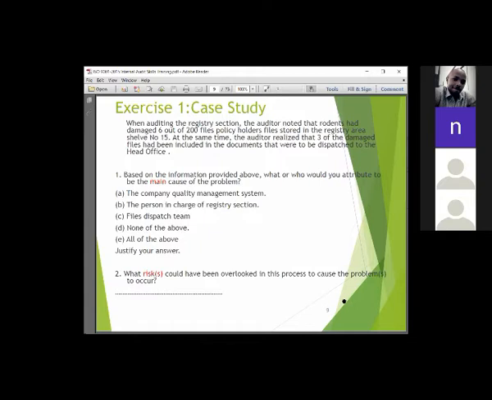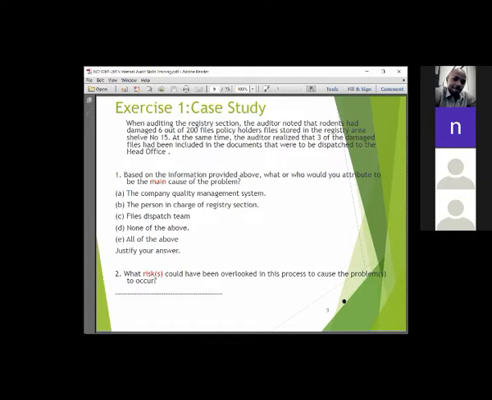Let's hear from any other participants. Bwana Isaac Muturi. Hello. Yes, I'll go for A, company quality management system. Okay, good. Let's hear from any other.